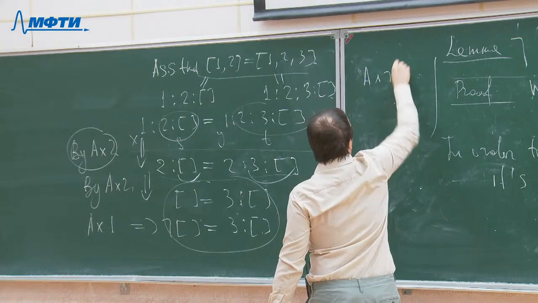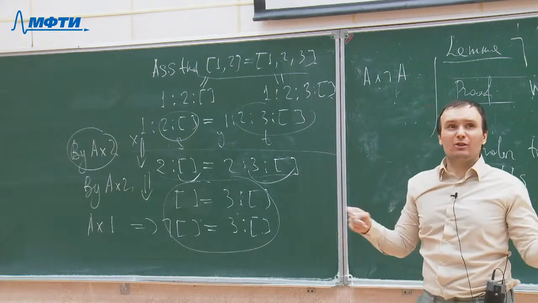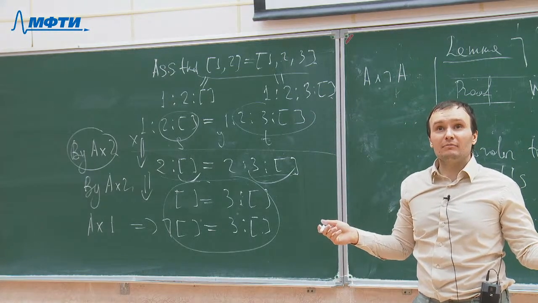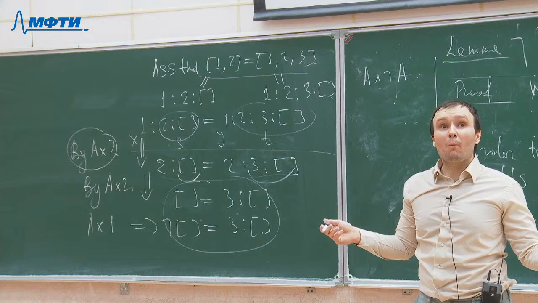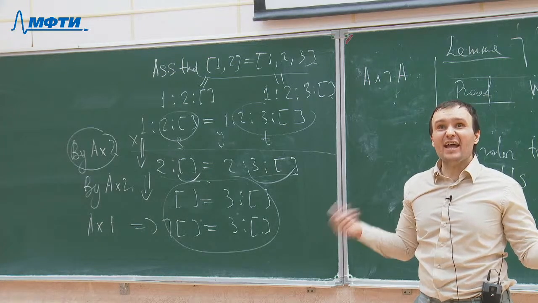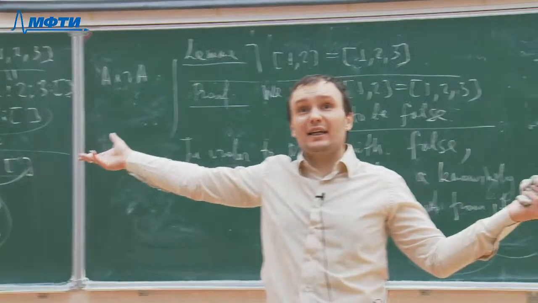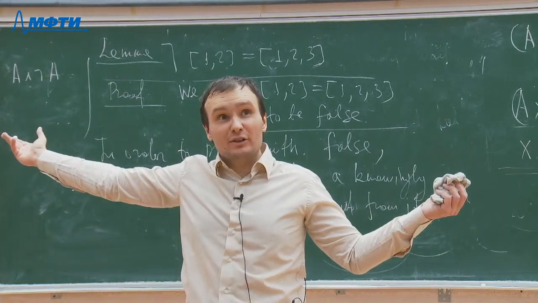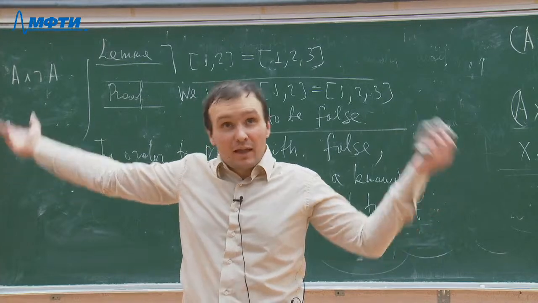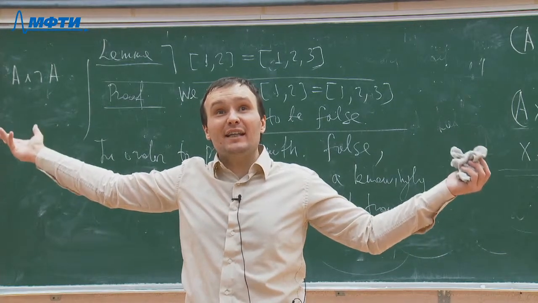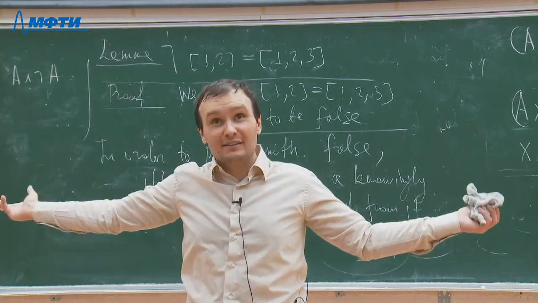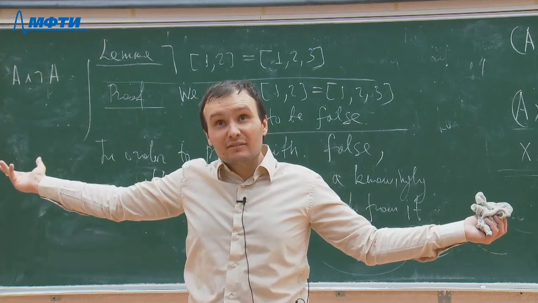So I have a conjunction of a statement and its negation. What can you say about such a statement? A and not A. Could it be true? A and not A. If A is true, then it is false, because not A is false. If A is false, then it is still false. Is it clear?